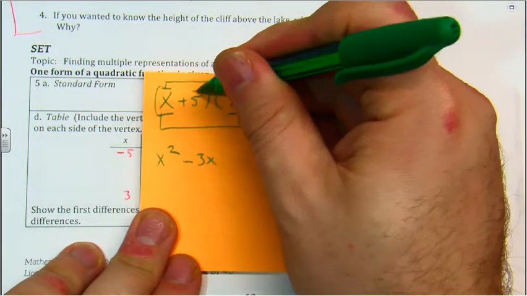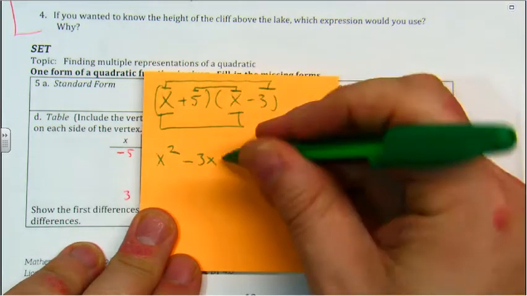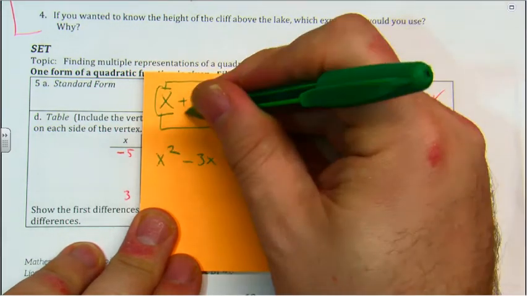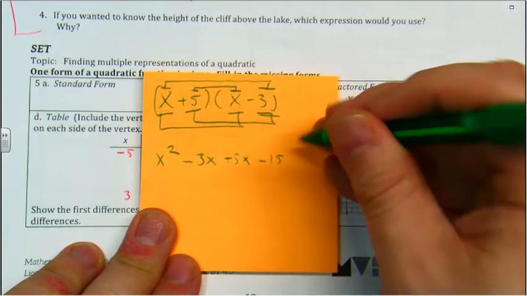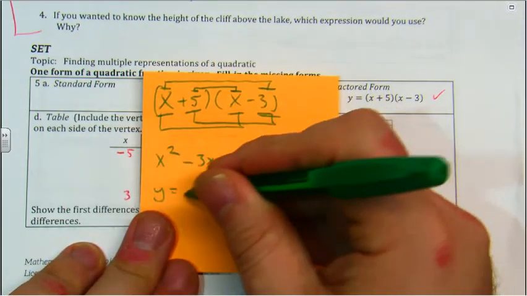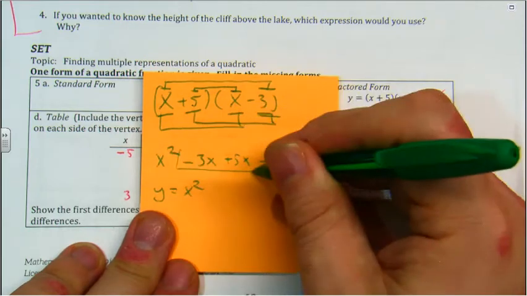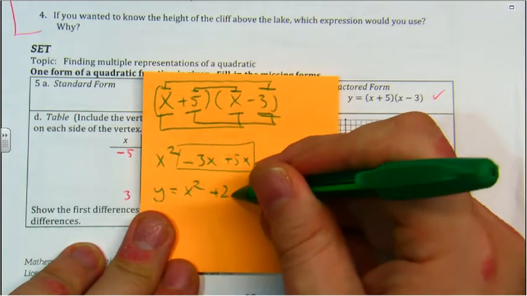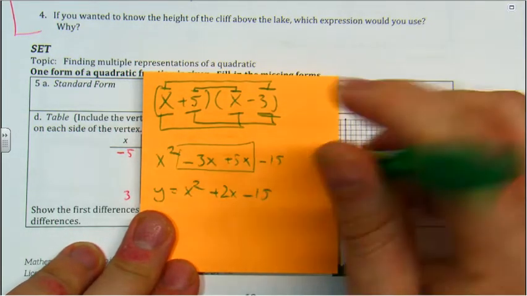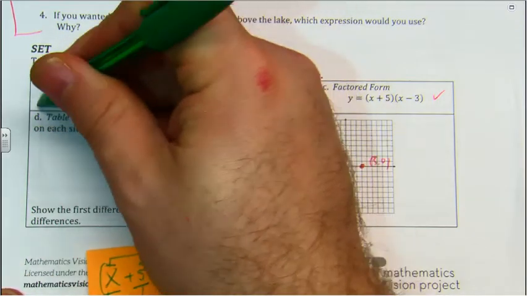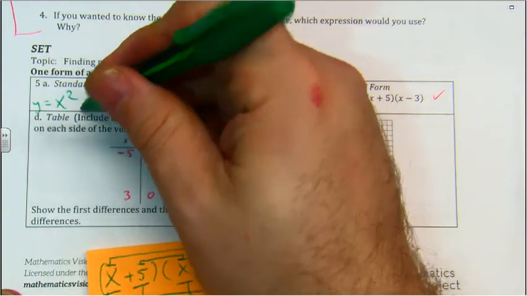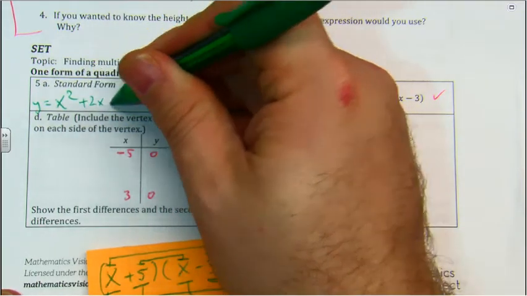Inner will be plus 5x. And then last, 5 times negative 3 will be minus 15. So my standard form will be y equals x squared, combine my two x terms, plus 2x minus 15. Cool. So my standard form is y equals x squared plus 2x minus 15, and don't forget that y equals.